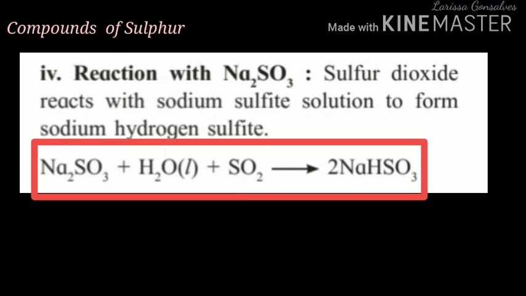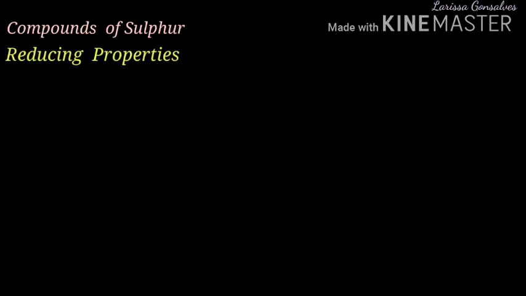Since it is in the form of solution, we will take water, that is H2O, and react it with sulfur dioxide, that is SO2, and the product formed is sodium hydrogen sulfite. Sodium is represented by Na, hydrogen by H, and sulfite is the SO3 group. Next you have to do the balancing of the equation. Next are the reducing properties of sulfur dioxide.